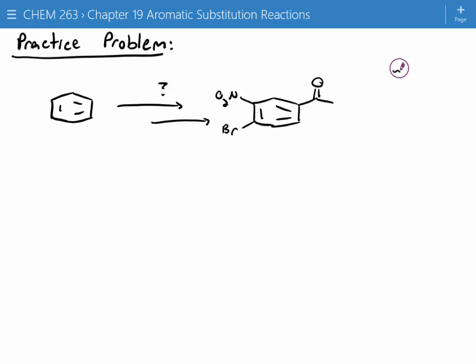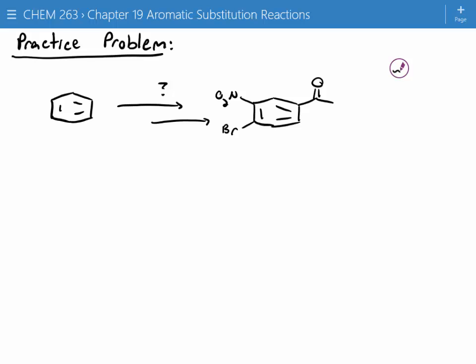What's the parent? It'd be acetophenone, right? Because we've got that acetophenone functionality on there. We've got the bromine in the 4 position, so we could say 4-bromo, 3-nitro acetophenone. So again, this is one where we need to identify the correct parent.